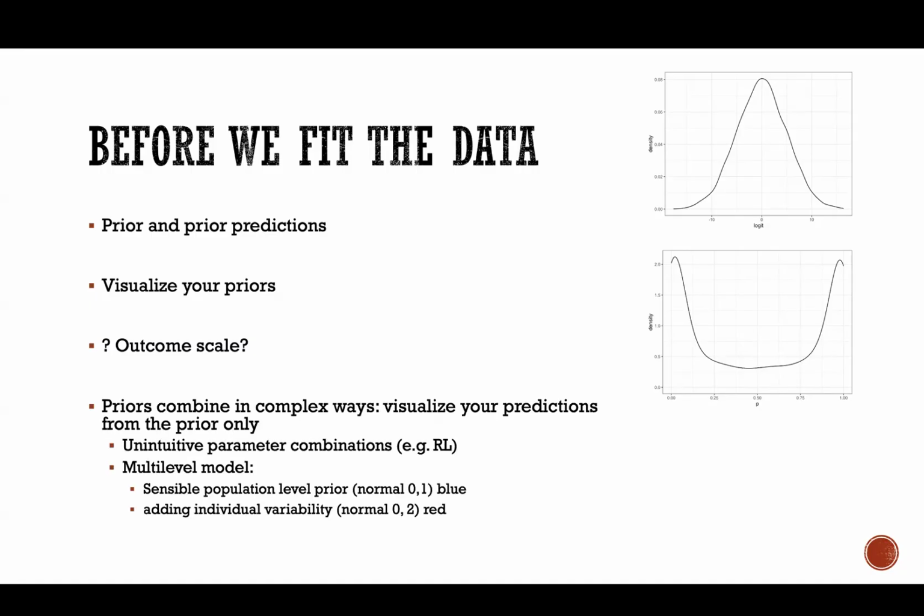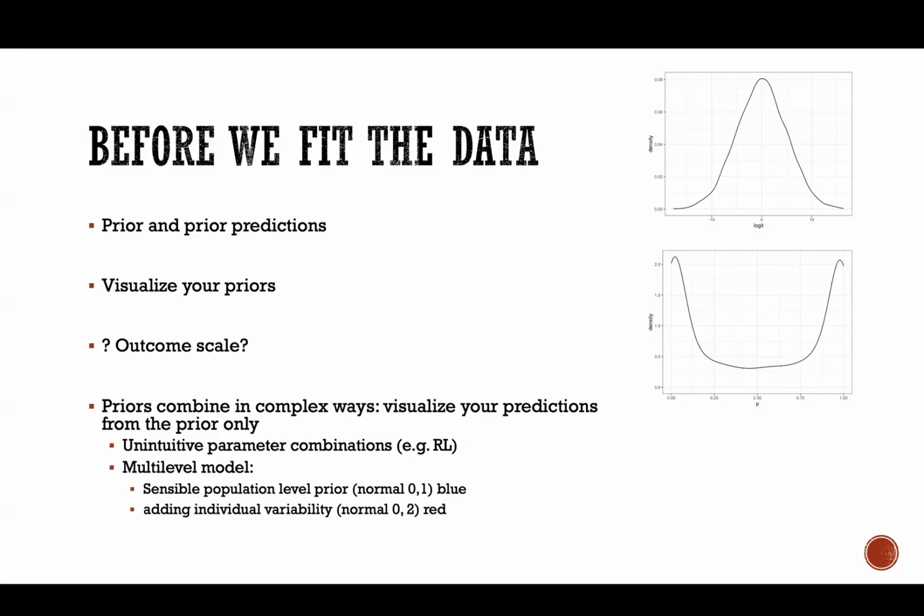Another example is that priors combine in complex ways. I mentioned before the reinforcement learning, where it's hard to anticipate how learning rate and tau are going to interact unless we simulate. But also in very simple multi-level models, we can have a very simple population level prior, which is a normal distribution centered at 0 with a standard deviation of 1.